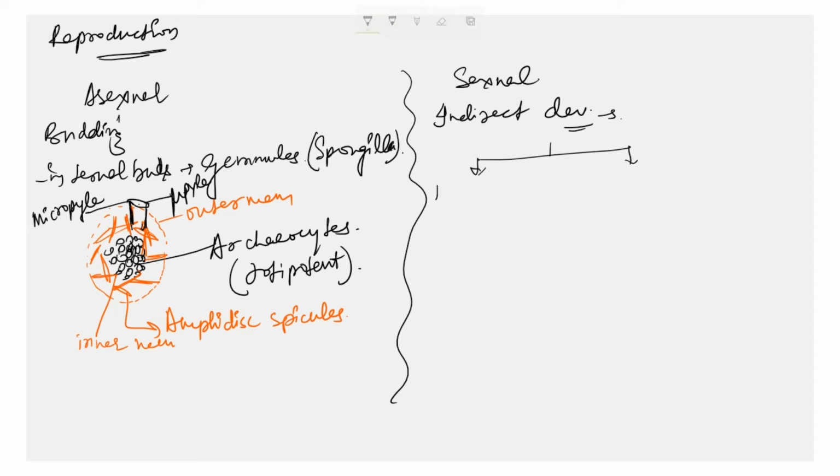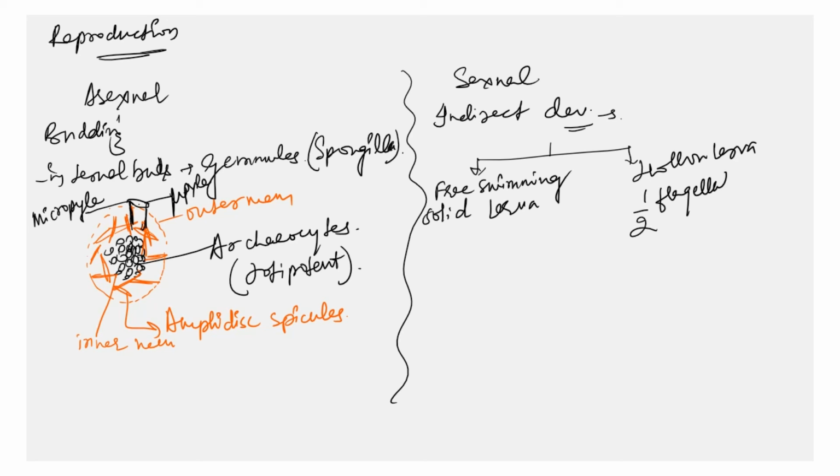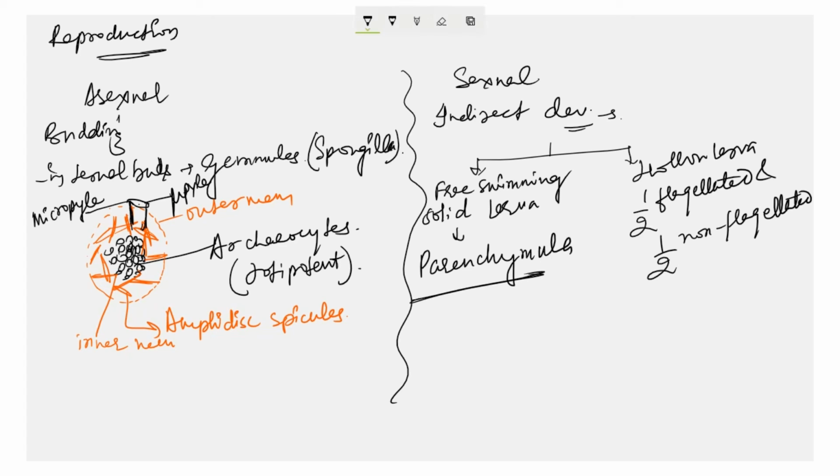The first one is a free swimming solid larva, called parenchymula, and the second one is a hollow larva, half flagellated and half non-flagellated, called amphiblastula. These are the two types of larvae present in sponges.